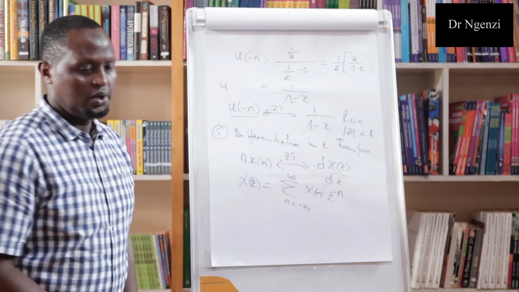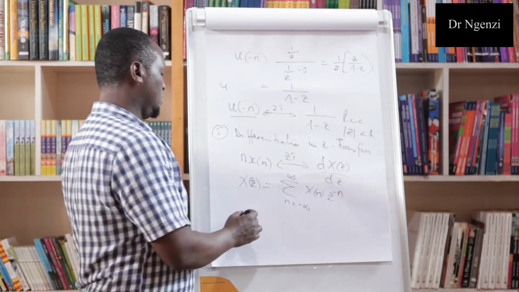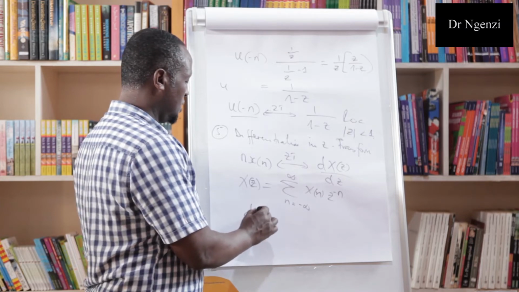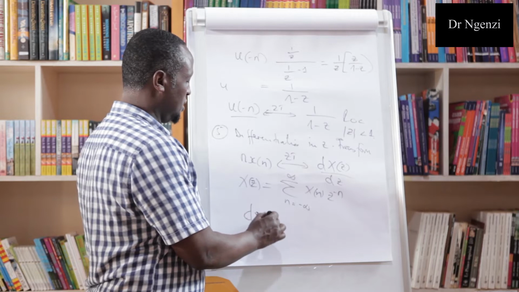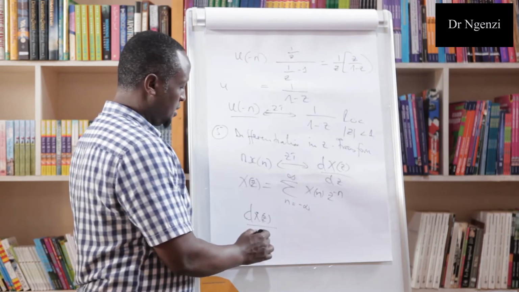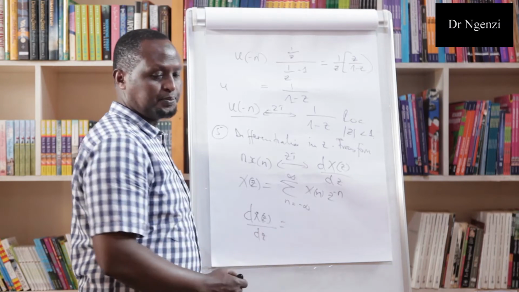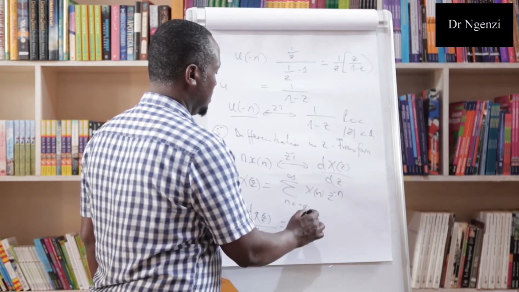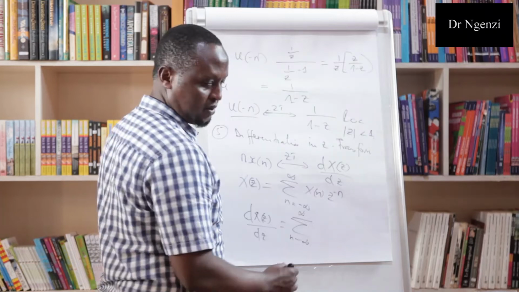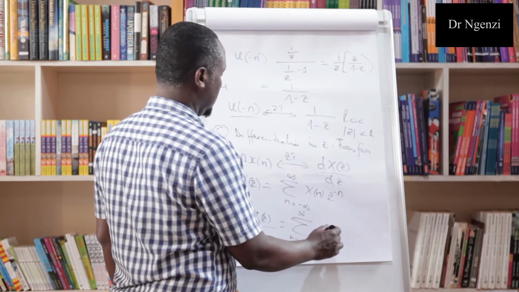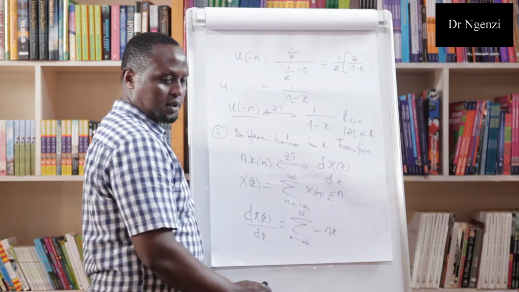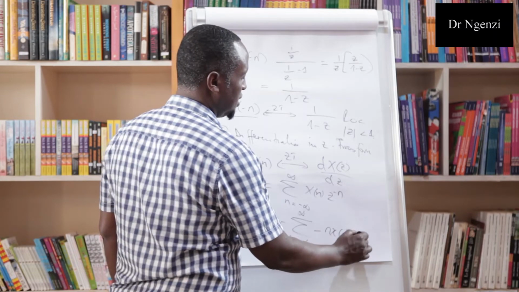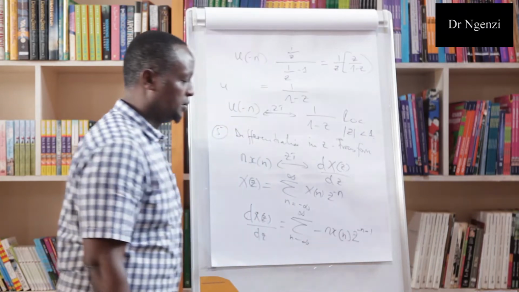Is this true? Then you can say, for example, differentiating both sides, you get dX of z over dz, because the summation from negative infinity to infinity is going to multiply negative n x of n into z to the power negative n minus 1.